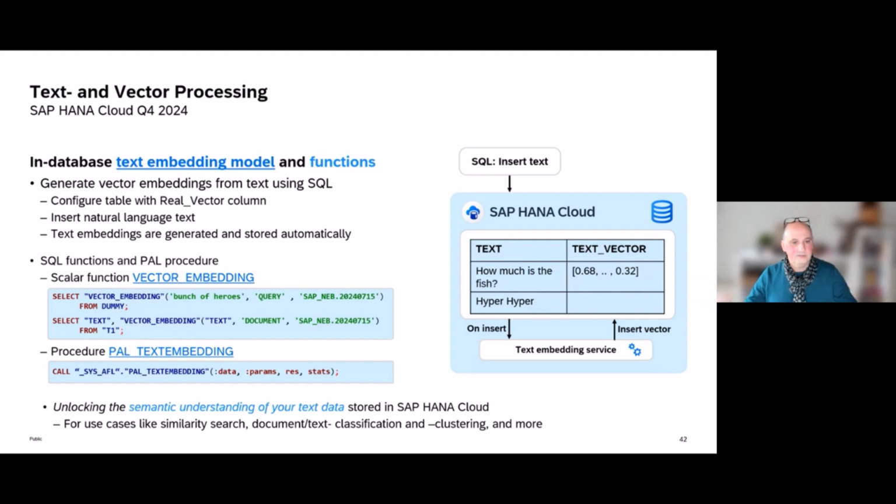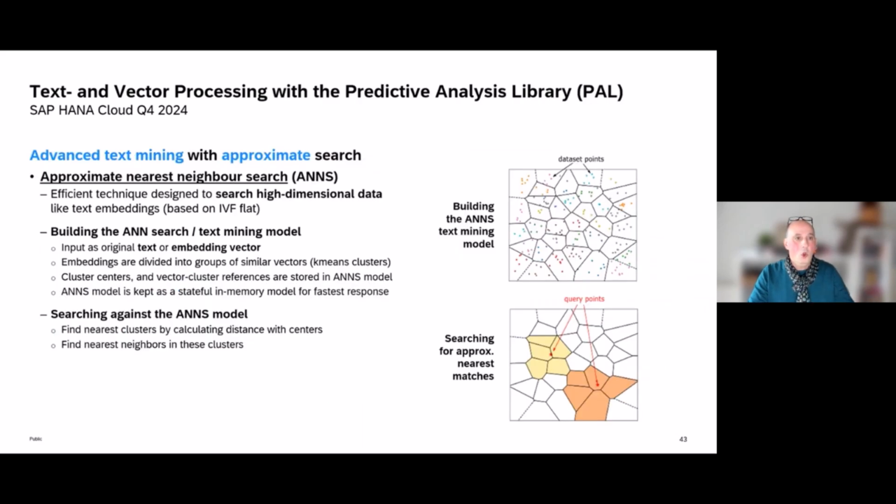And as I mentioned, use cases like similarity search, classification or clustering scenarios can then make use of that data. It certainly primarily targets text data. One of the scenarios I mentioned is advanced text mining using an approximate search.